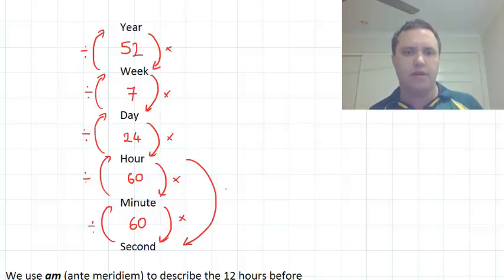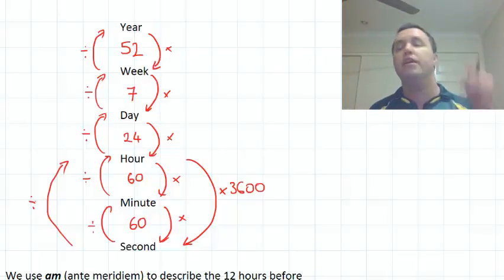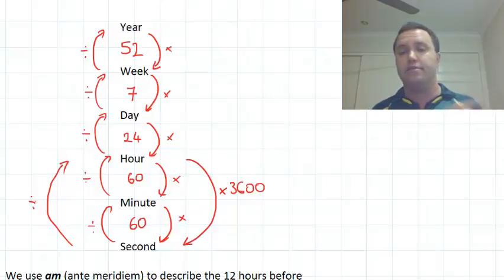This way would be times by 3,600, because there are 3,600 seconds in an hour, and going back the other way, you would divide. That's a nice round one to consider, because it happens a lot, having to convert from hours to seconds.